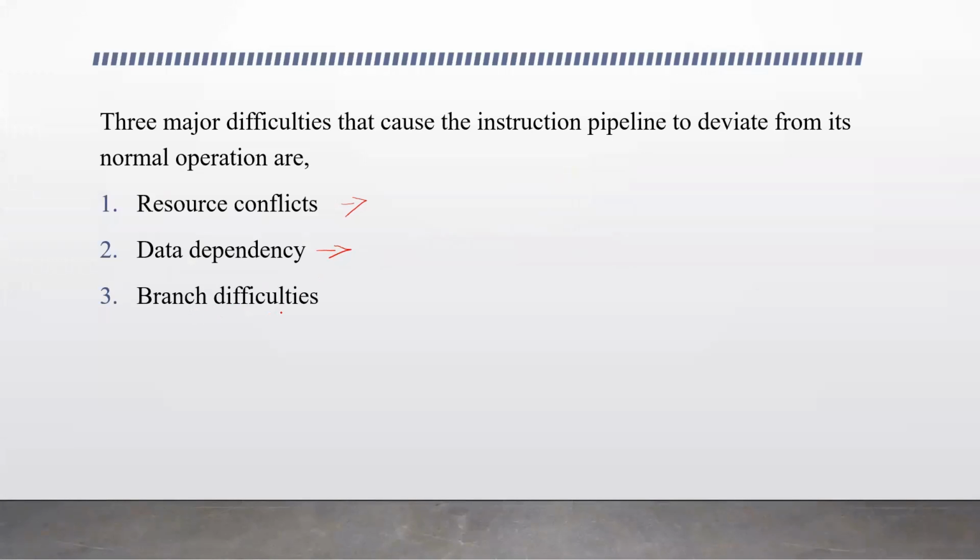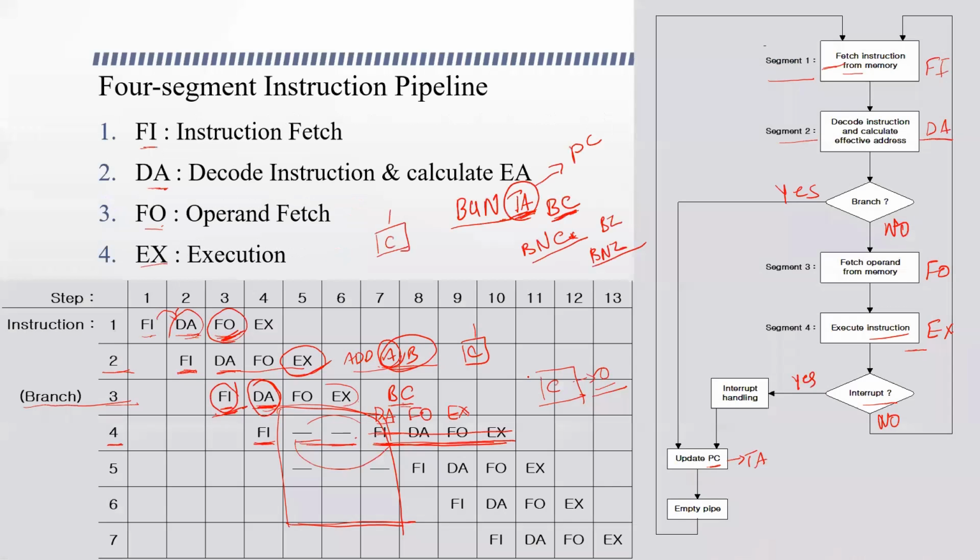And the third one is what we discussed here during branching. Branch difficulties: the branch instructions change the order of the instruction execution. So there the resources are not utilized and are kept empty for more time. The pipe is empty.